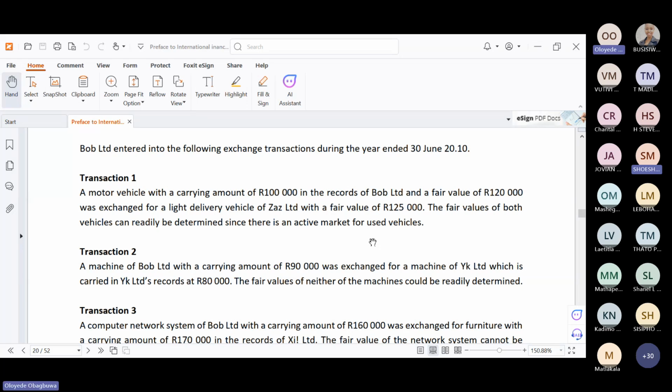If we are applying common sense, I think because the fair value of the asset that SARS is giving away is 125,000, that means in his books he will record it so.